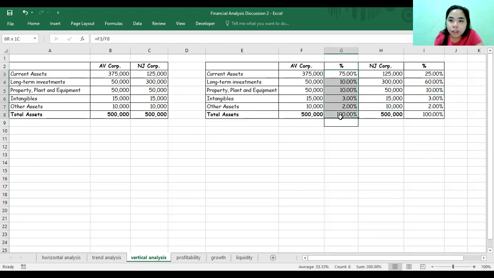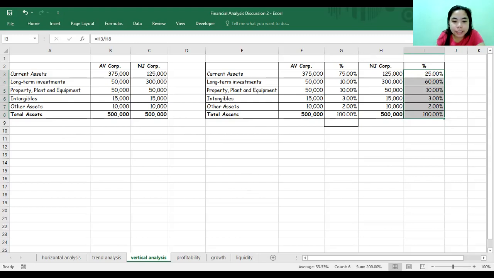So if you see the difference, AB Corporation has more current assets than NJ Corporation. So NJ Corporation has more long-term investments than AB Corporation. So there we can see the difference between the two entities using the vertical analysis.